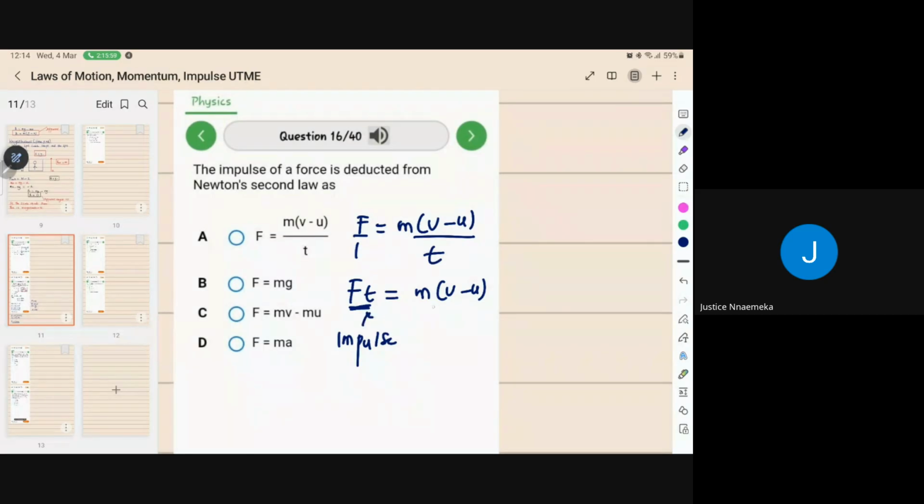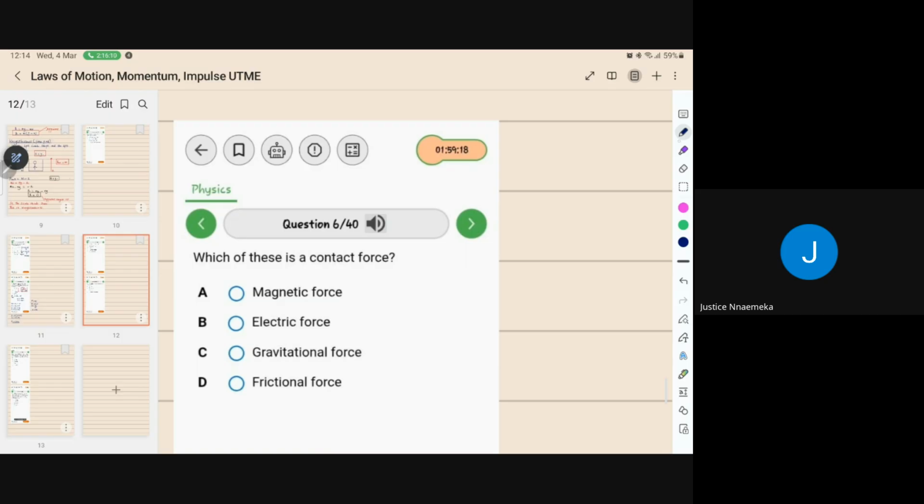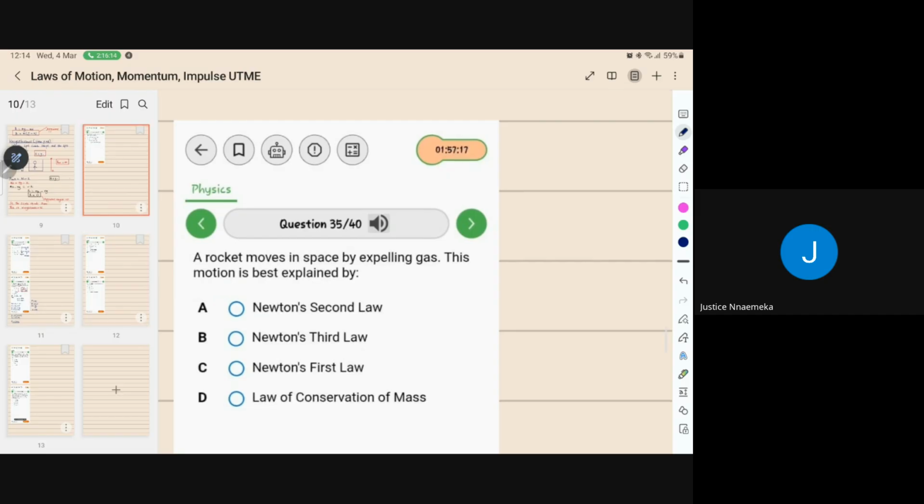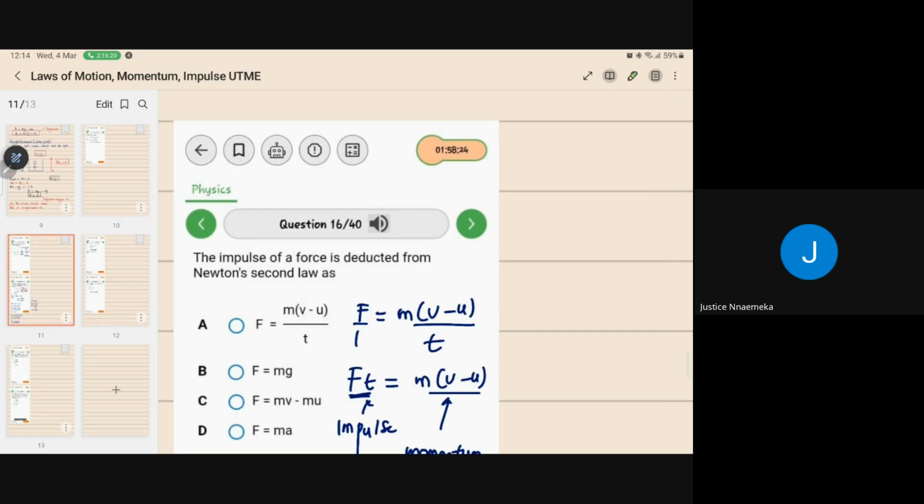This side is your momentum. All right, so everybody all clear, right? So we said that frictional force is our answer for this one. Okay, so we said here is our Newton's third law. Good.